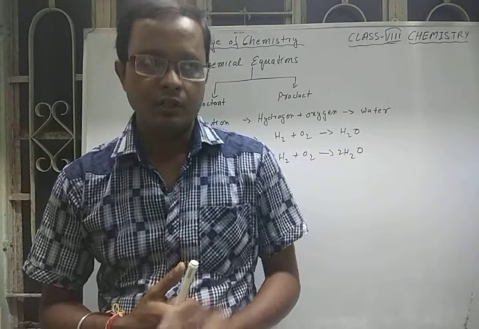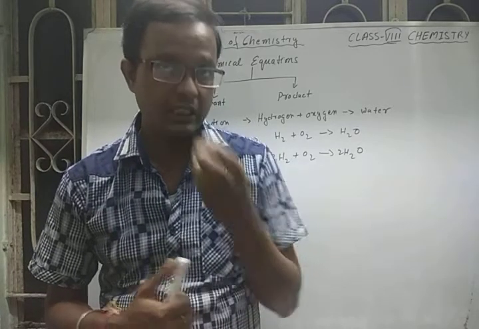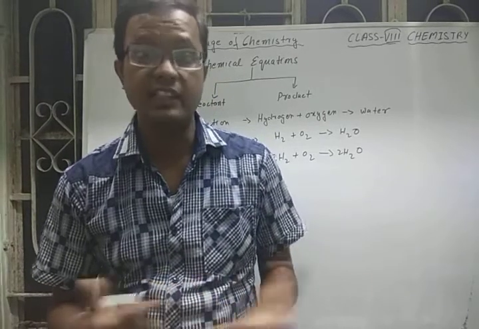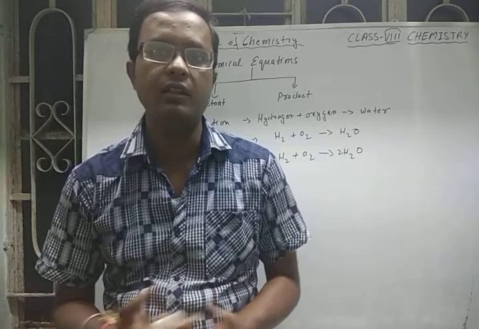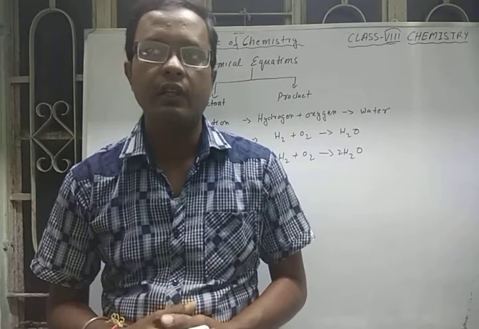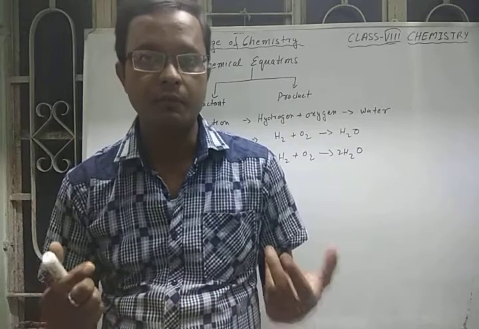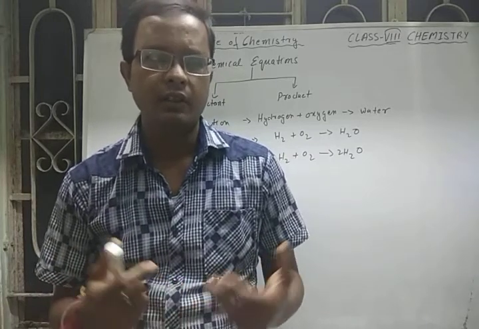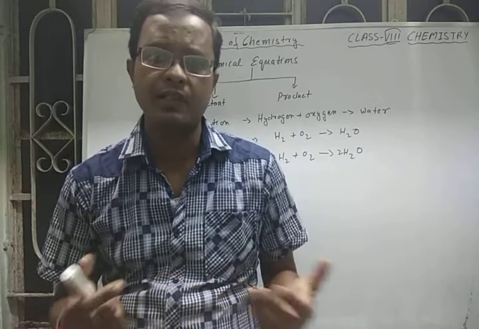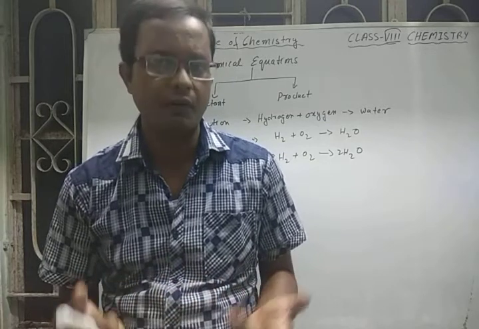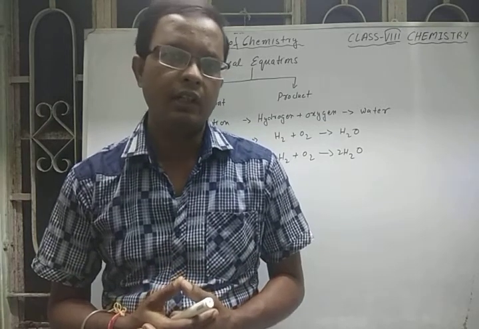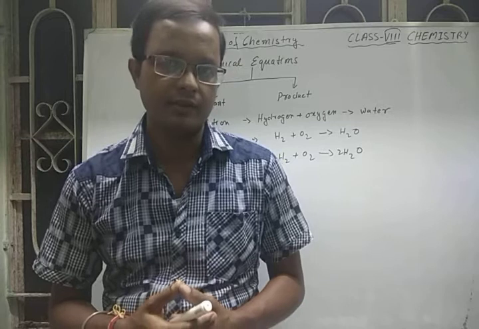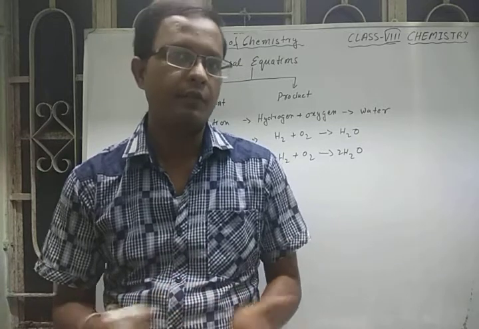So the representation of this chemical change is called a chemical reaction, and the symbolic representation of a chemical reaction by using formulas is called a chemical equation. Okay. So this is about the chemical equation.